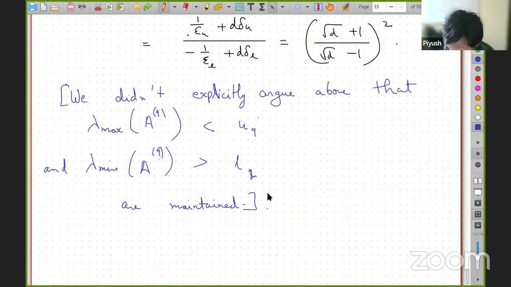So this will be an exercise, so fill in this gap.